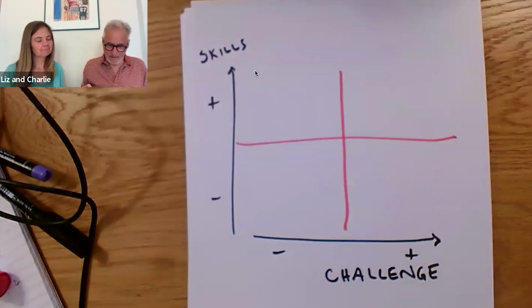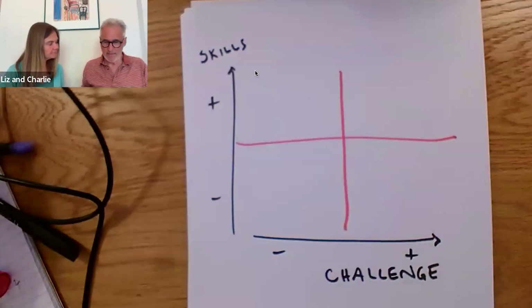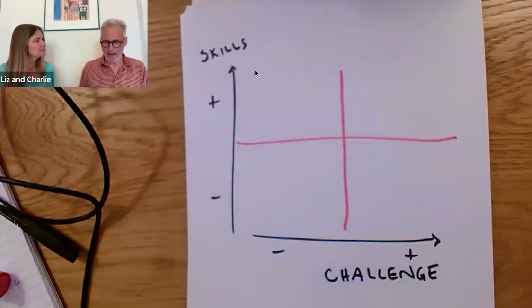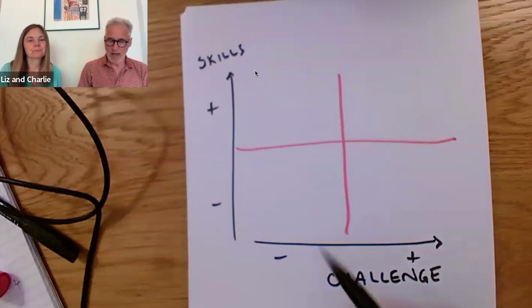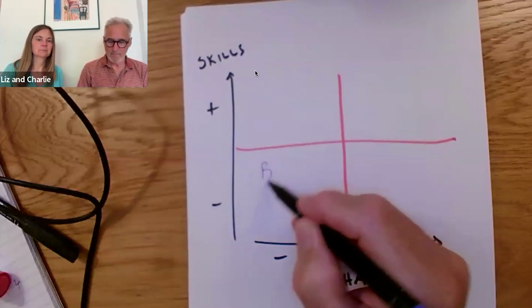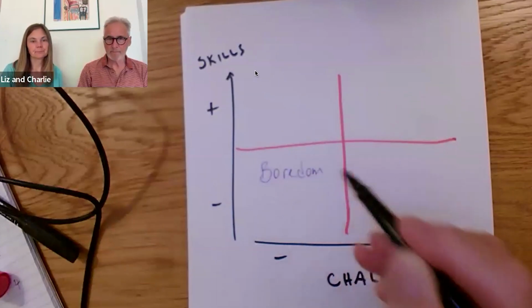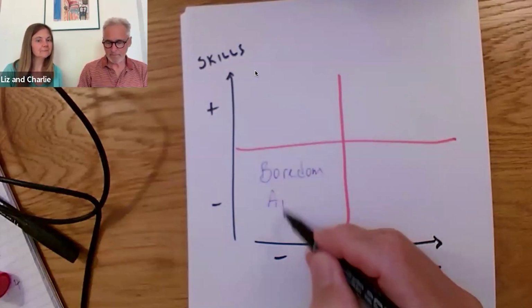Now then, we wouldn't want our students to be in this bottom left-hand corner. No. They're not being challenged, and they're not required to use much in the way of skills. So I can imagine boredom setting in. Yep. Apathy. Yes.